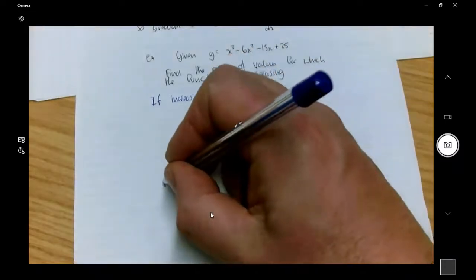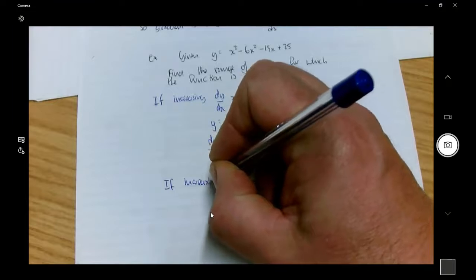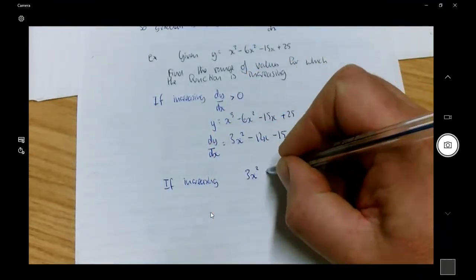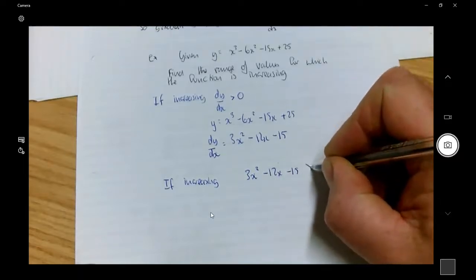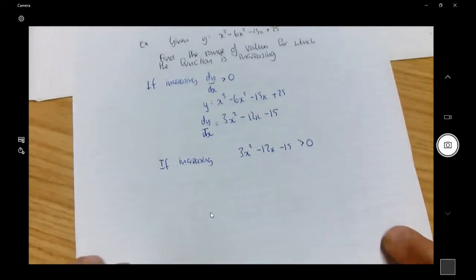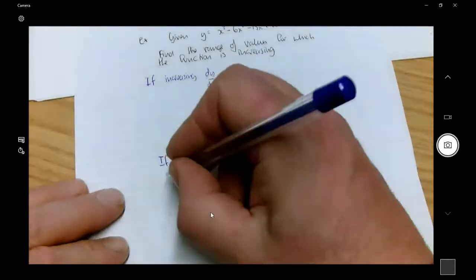If increasing, 3x squared minus 12x minus 15 is greater than naught. Therefore, solve that inequality. Now, for me, I tend to look for the critical values.